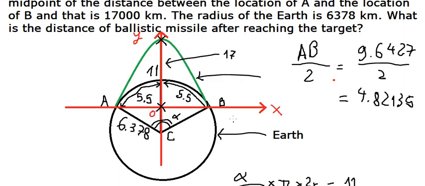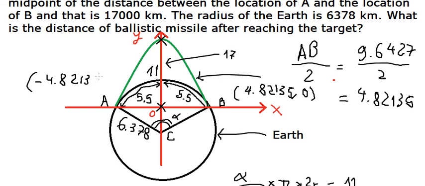So that means the coordinate of B on the graph should be about x equals 4.82135 and y equal to 0. A is about negative 4.82135, 0 in here.